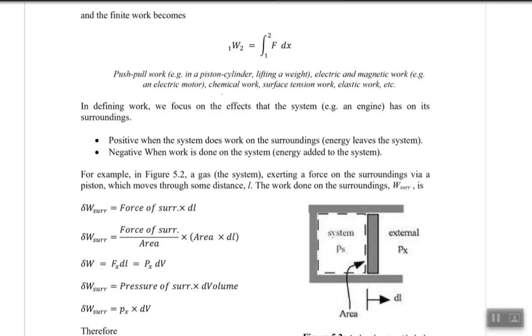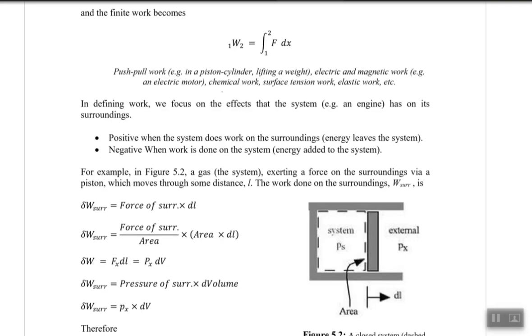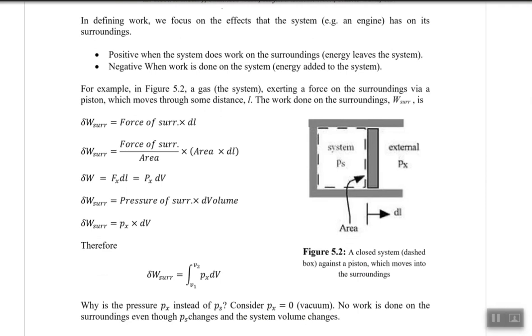So, let's say for example, in figure 5.2, we have a gas system, which is actually simple. In other words, imagine a piston and cylinder, as we have done till now. The piston is movable and has a displacement of L, and work is done on the surroundings.